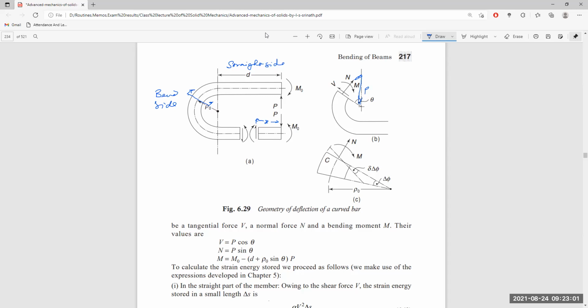That normal force acts along the vertical component of P, and that is equal to P sine theta.